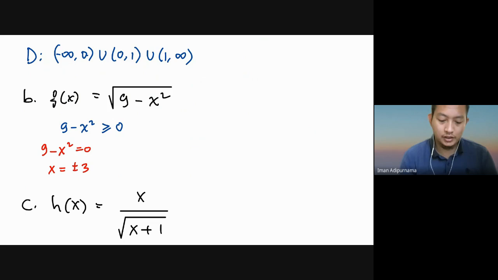And you can solve by the number line. And then you need to look for the positive value, which is, I think, this here.